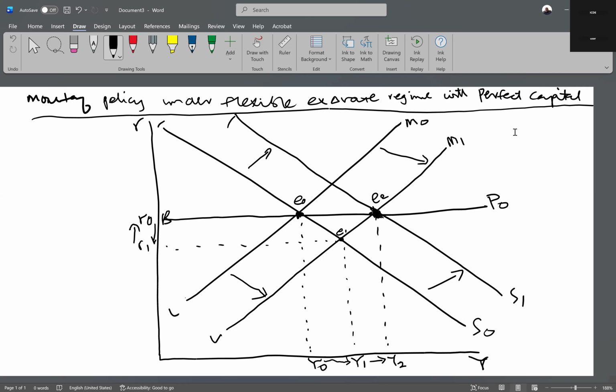Haven't we looked at monetary and fiscal policy under a fixed exchange rate regime? We have. So why are you asking me such a question?